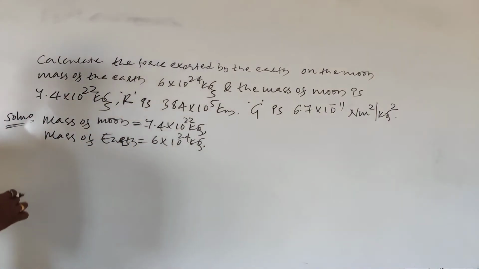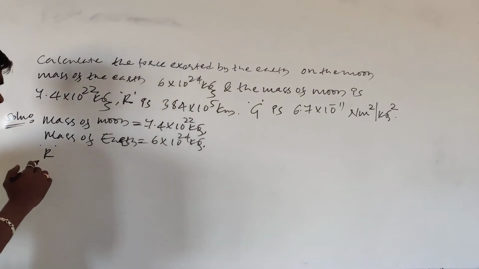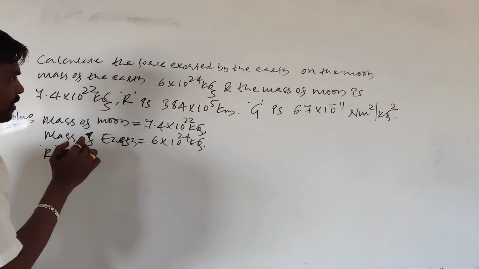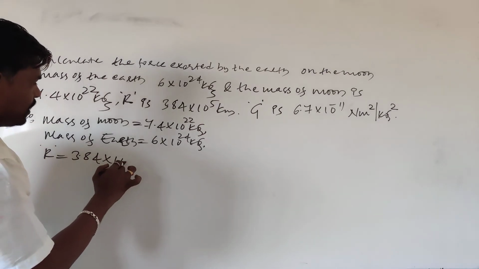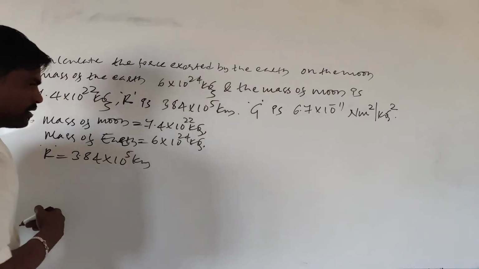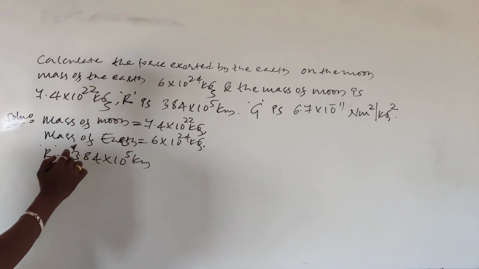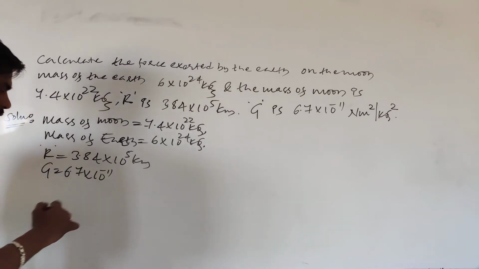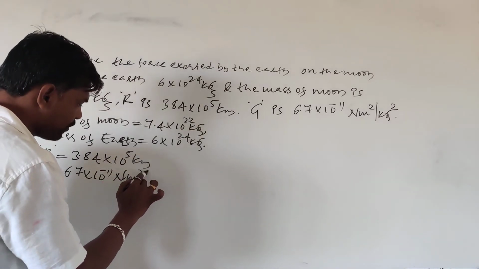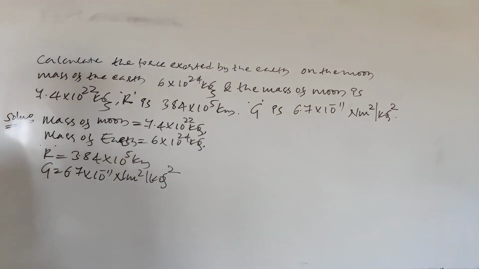Then the distance between those two planets is given. R is equal to 3.84 into 10 raised to 5 kilometer. Then G is also given, 6.7 into 10 raised to minus 11 Newton meter square per kg square.